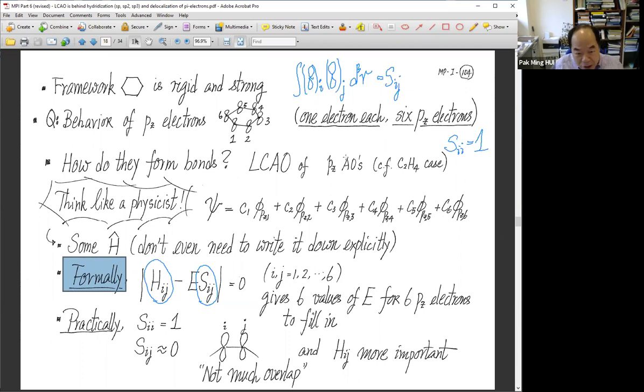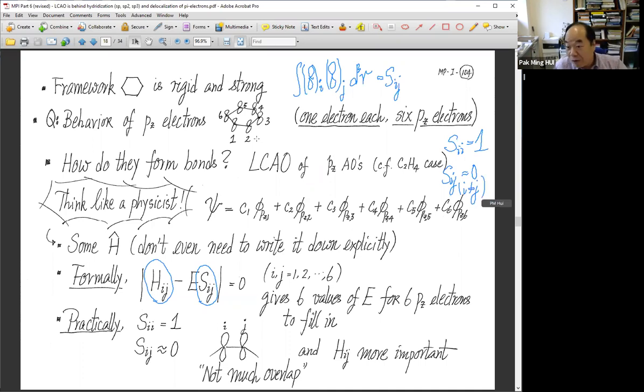Now, if you look at this structure formally, S12 may not be 0 because at least they are close to each other. But if you look at S13, wow, they are quite far away, do you see? So that is very comfortable. You can set it to 0. For our purpose, we can simply set Sij approximately to 0 when i does not equal j.